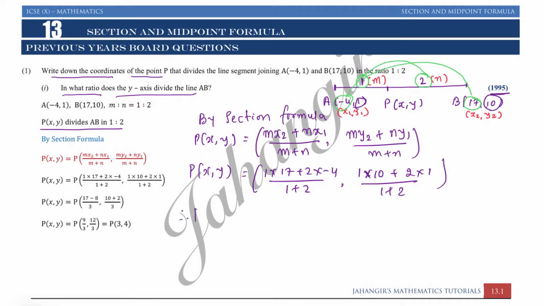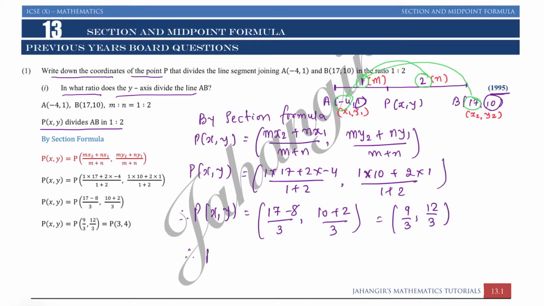So therefore P(x, y) is equal to 17 minus 8 upon 3 comma 10 plus 2 upon 3. So that is 9 by 3 comma 12 by 3. So therefore P(x, y) is P(3, 4). We got the first question's answer.